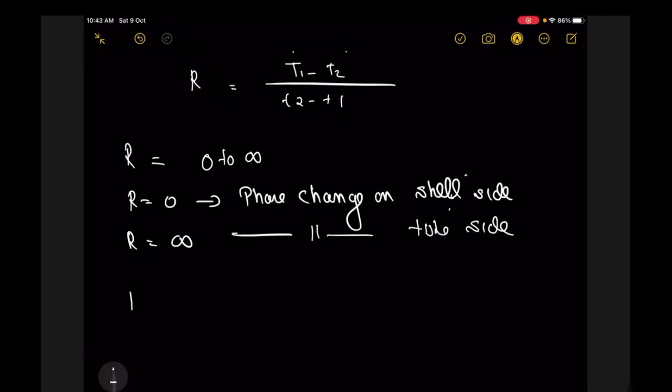And P ranges from 0 to 1. P is a normal value, but there is a significance of the extreme points of R, 0 to infinity.